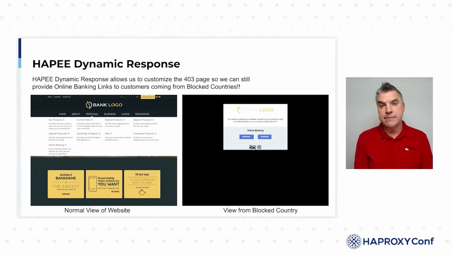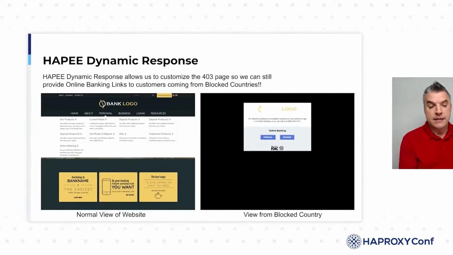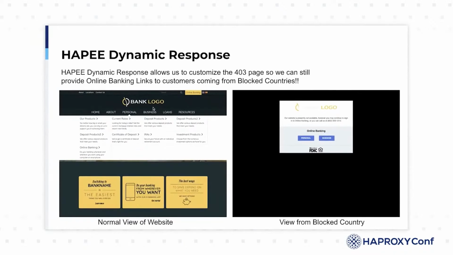So using HAProxy's dynamic response, you can see here on the left, this is a fictitious bank and what the page would look like if they were within a country that is allowing the traffic. But on the right, you can see when a user, say, went to South Africa and the bank decided to block South Africa, rather than getting that generic 403 page, they would get a one-page version of the website, still allowing the user to get to online banking.